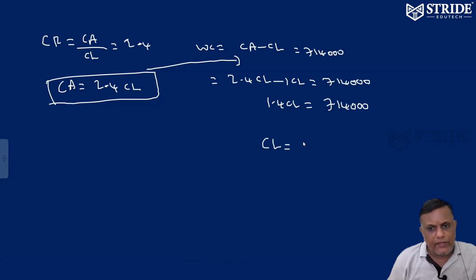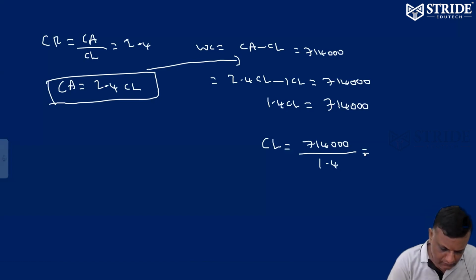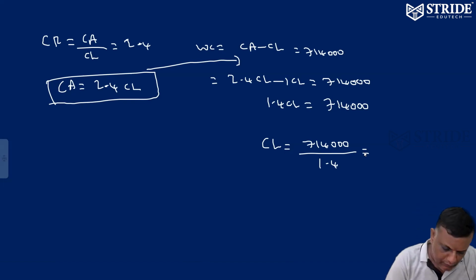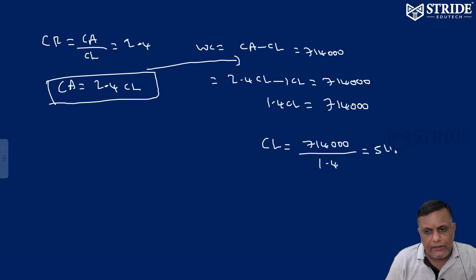So current liability is 7,14,000 by 1.4, which is going to be 5,10,000. So current liability is 5,10,000.